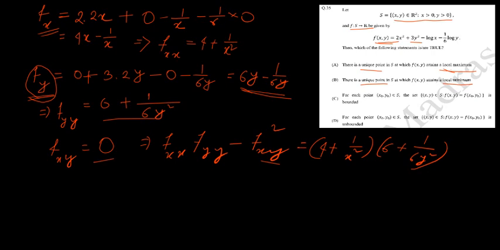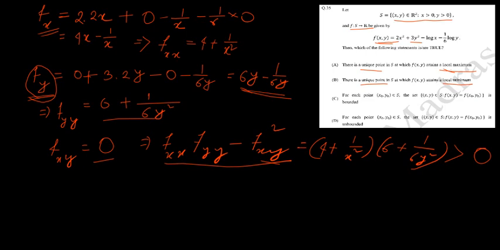This is positive, and this is positive, so the product is positive. That means there will be either a maxima or a minima. So we find the maximum or minimum point, which means the extreme point.